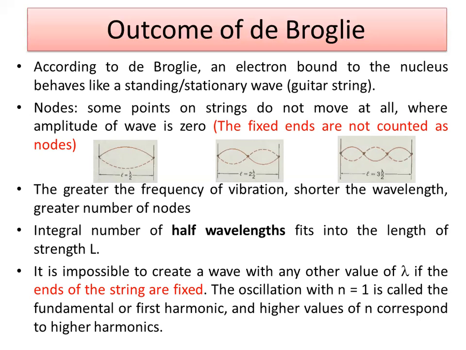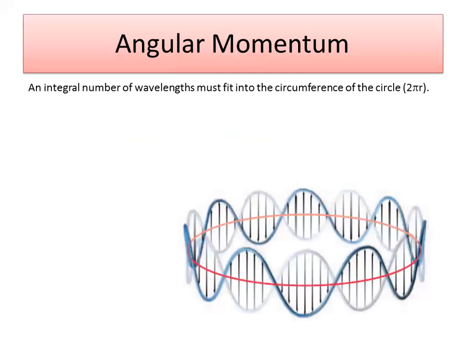Maybe I will ask one as a question and ask you to describe how this is going to happen. Okay, so you have to understand it in this way, not memorize it by rote. If I ask, then of course you have to write down these 4-5 points which are the outcome or the assumption of the de Broglie equation.